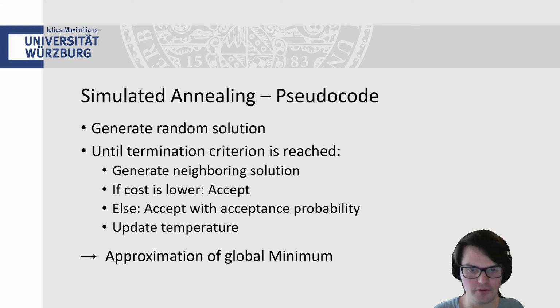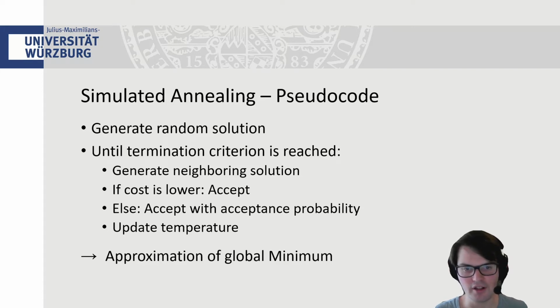In the end, we also have to update our temperature, so we decrease it in each iteration. The result will be an approximation of the global minimum, so it might not be optimal, but it is usually a good guess if we have chosen good hyperparameters and if our concept is suitable for our problem.